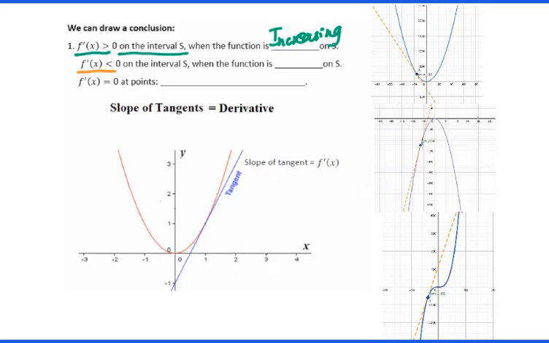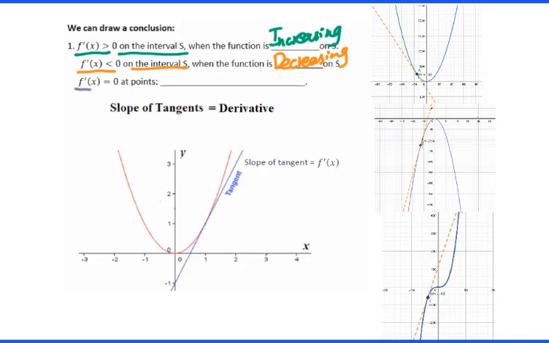Derivative of f of x less than 0, which means the slope of a tangent line is negative on certain intervals, means the function is decreasing on that interval.